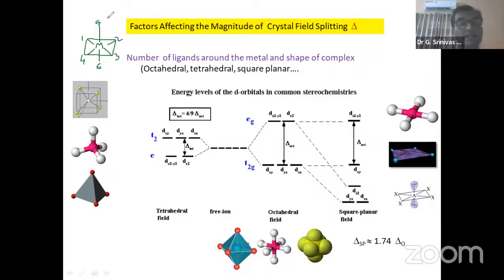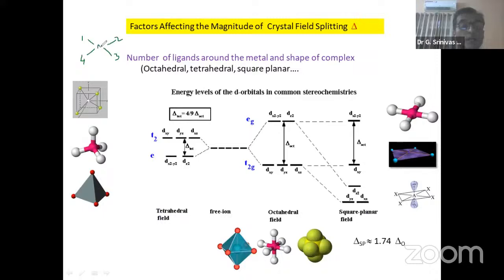What happens if you remove these 2 ligands, 5 and 6? I will remove them using the eraser, and it's gone.